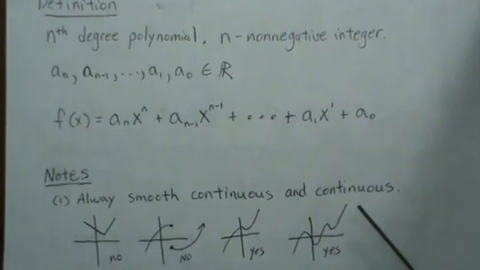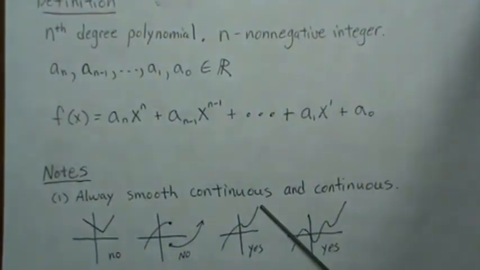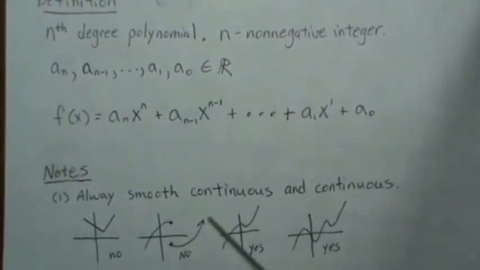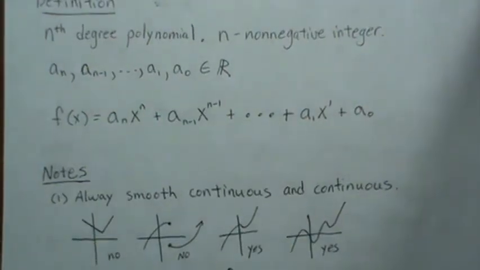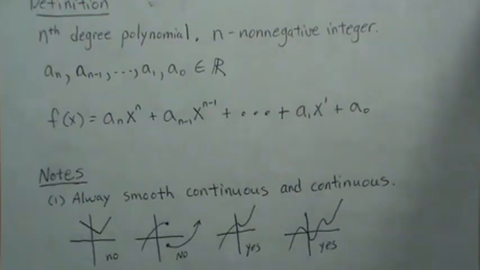So it could have lots of wiggles, or just be a straight line. But it has to be smooth and continuous. Smooth means no sharp points, and continuous means no breaks, it flows.